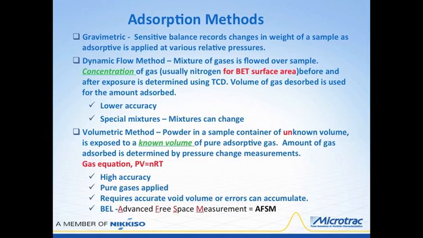The volumetric method, this is where we have a powder, and it's placed in a sample container of an unknown volume, and it's exposed to a known volume of gas, and this is the adsorptive gas. And the amount of gas adsorbed is determined by pressure changes. And the reason why we can determine the volume of gas that's adsorbed by using the pressure takes us down to what is called the ideal gas law.